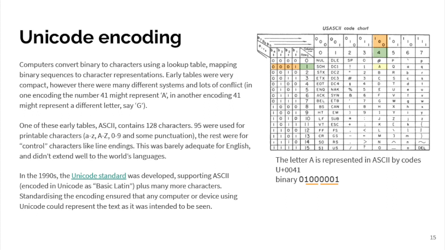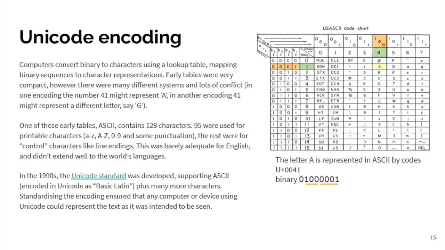In the early days, there were multiple alternative formats or tables that people used to convert the characters that they wanted to write into the binary codes. There are lots of different systems, and so we had a lot of conflict. This chart on the slide is the ASCII chart.